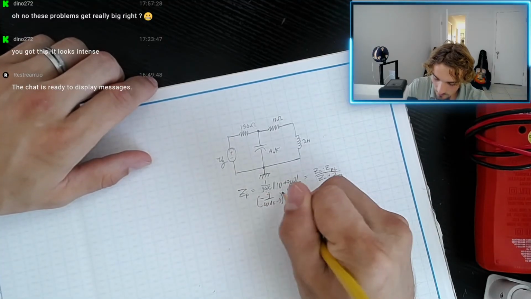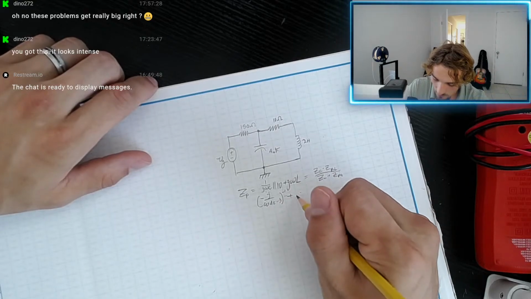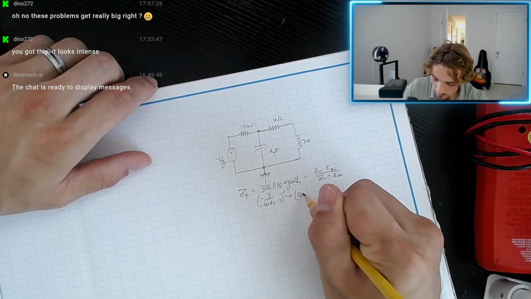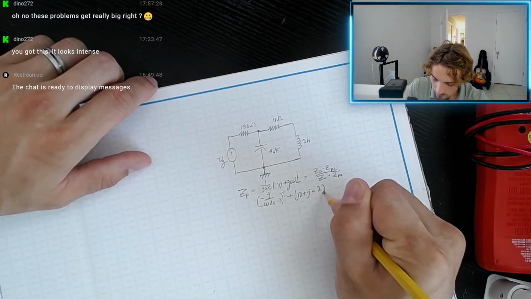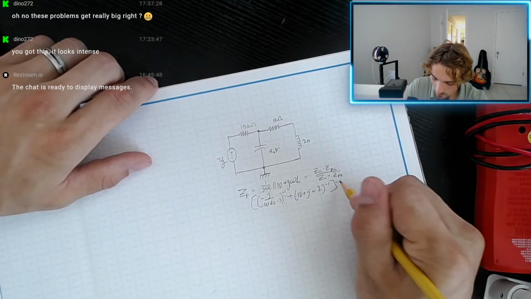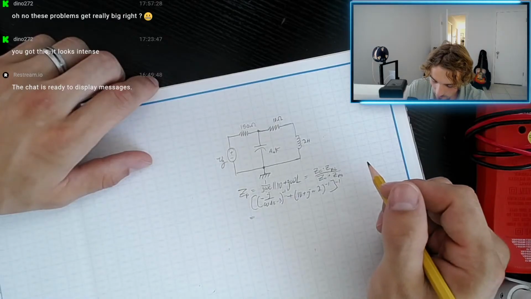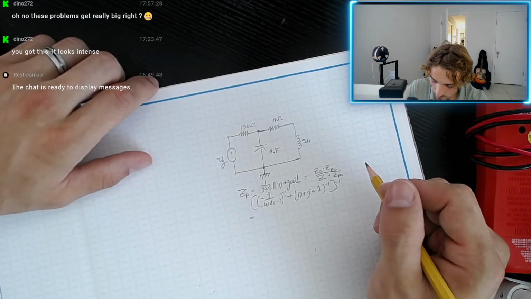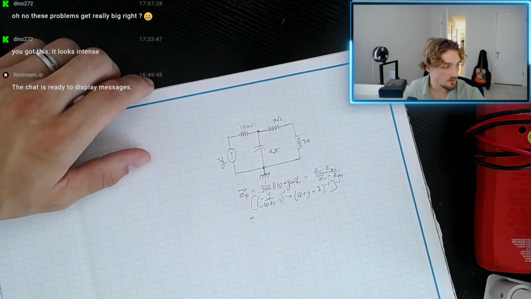So that to the negative 1 plus 10 plus j omega 2 to the negative 1, all to the negative 1 equals... And then what?